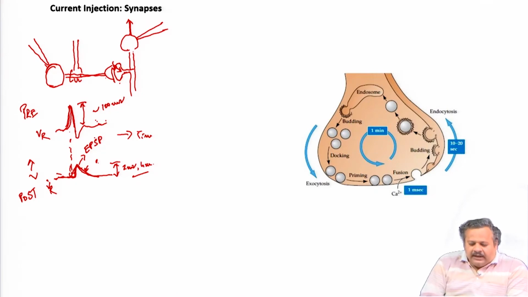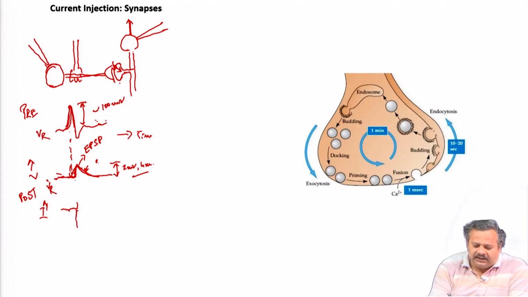So, in this particular case, if we alternatively measure the current that is being injected into the postsynaptic side through a voltage clamp, by keeping the membrane potential at V rest, and if we measure current here, what we will see is at a similar stage, this is 0 current in the beginning, and then we see an EPSC, excitatory postsynaptic current.